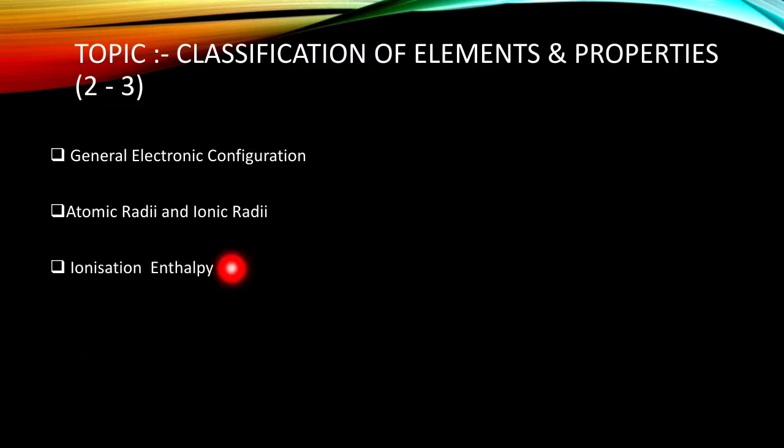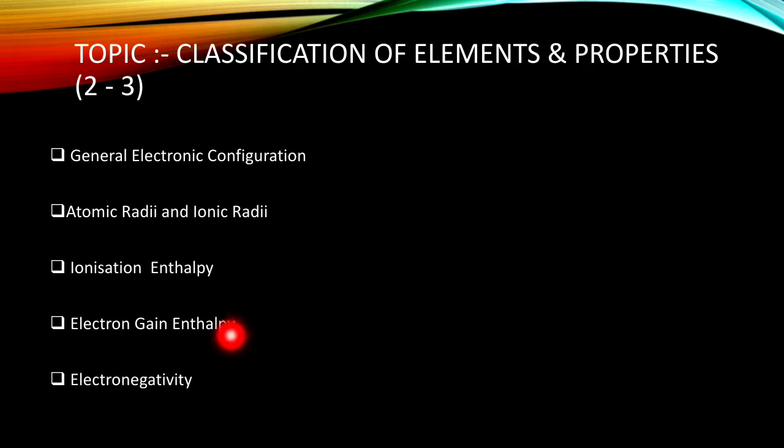It is a comparative question all the time. Then next is electron gain enthalpy, where it is definitely a comparative question, and the same goes for electronegativity. Sometimes it is a direct question, like which element is the most electronegative element of the periodic table. Similarly, sometimes for electron gain enthalpy, which element has the highest electron gain enthalpy. These are some direct questions also.